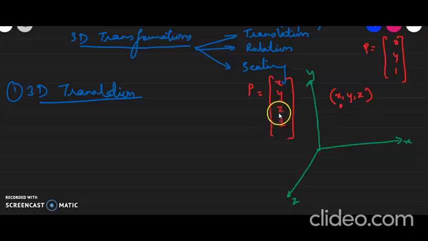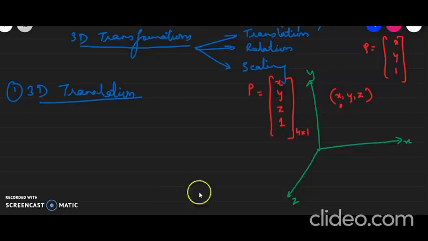So now in 3D, I've got one more parameter, that is z. So this becomes a 4 cross 1 matrix, 4 rows and a 1 column for a single point, right? We also know that if it's a line, then I'll be having 2 columns. If a triangle, I'll be having 3 columns, so on and so forth. As the number of vertices go on increasing in the object, the number of columns in my point matrix will also go on increasing, right?